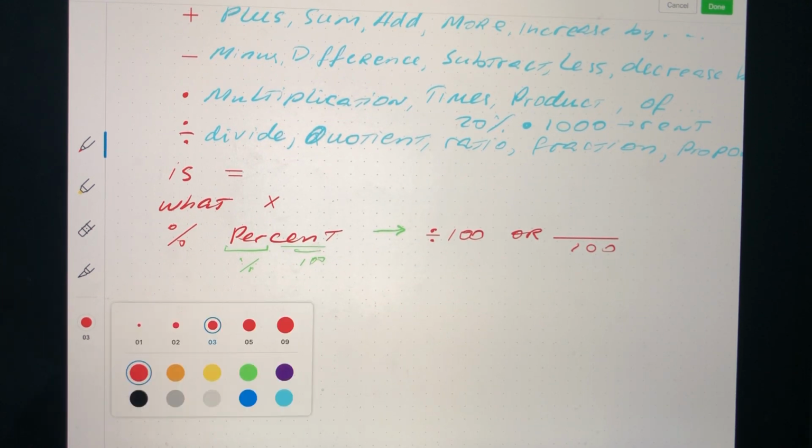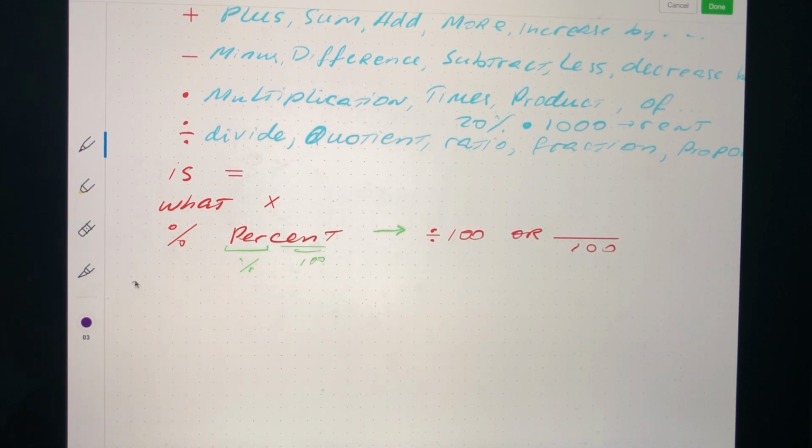Let's look at a couple just to see how that plays out. So here's the first example.